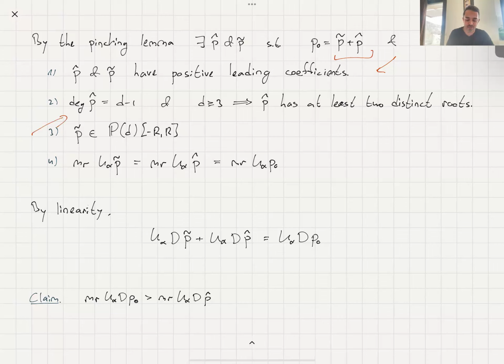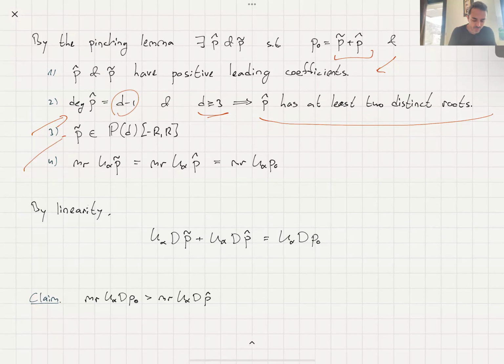It's great for induction. And because d is at least 3 in our case, because we did the base case d equals 2 already, we know that p hat has at least two distinct roots. That's good for induction, because in the induction that will tell us some inequalities are strict rather than equalities. And we can do induction because of the d minus 1.